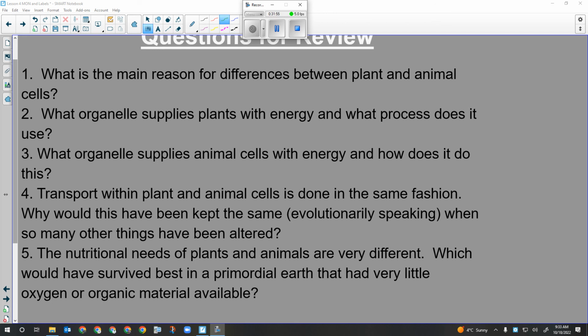All right, transport within plant and animal cells is done in the same fashion. Why would this have been kept the same from an evolutionary standpoint when so many other things have been altered? We know plants and animals have a common ancestor way, way back. That common ancestor probably transported materials the same way they both still do. Why do they both still do it that way?